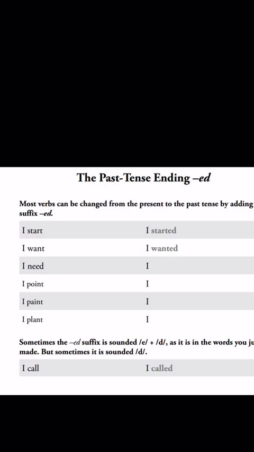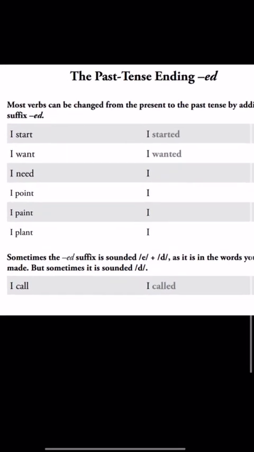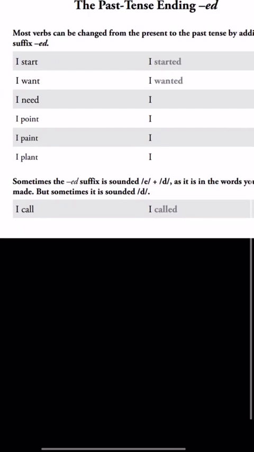I want. I wanted. Already happened. Add that ed. I need. What are we going to do to make that past tense? Good. Add that ed. I needed. Go ahead and write that down. Okay, and I'm going to move on to the next portion of this.